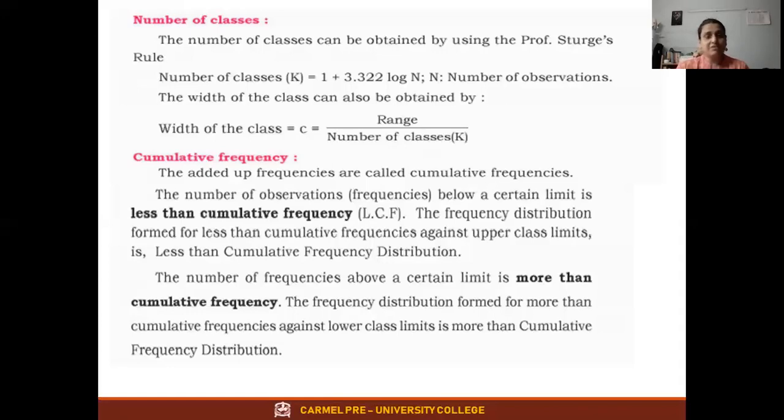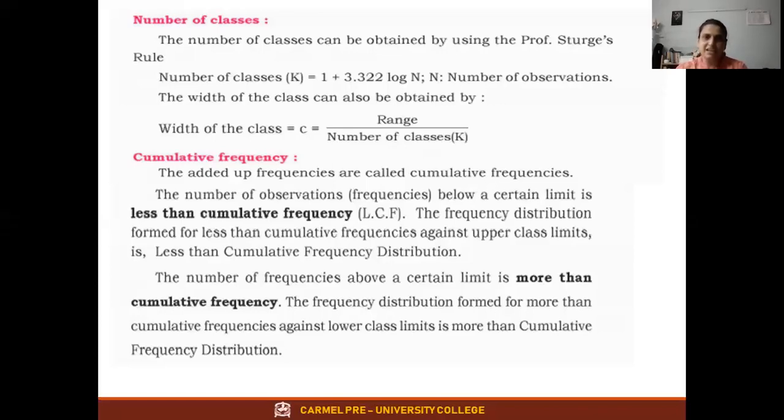Now, how do I define LCF? The number of observations below a certain limit. Less than, isn't it? The word is less than. So, below a certain limit is LCF. The number of frequencies above a certain limit is more than cumulative frequency. The answer is in the word itself.